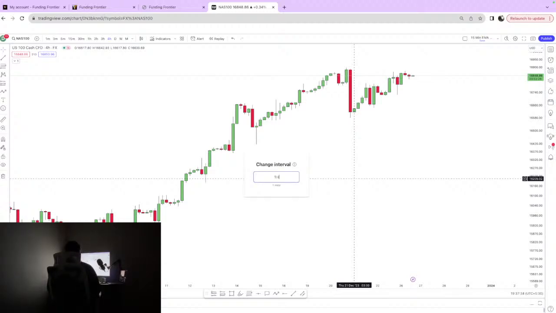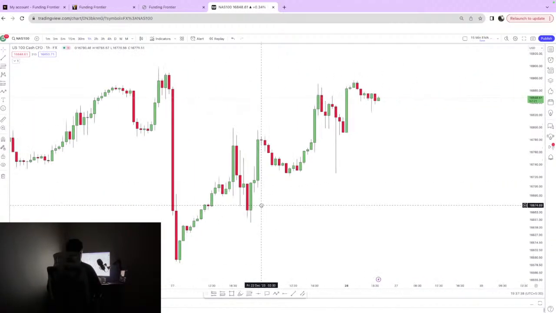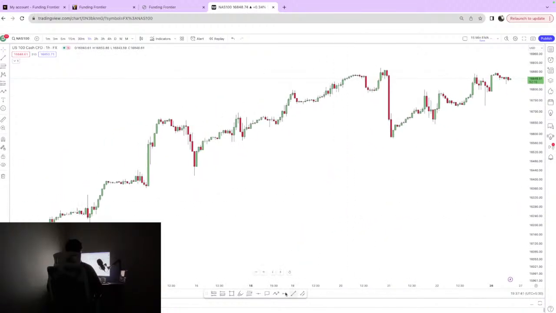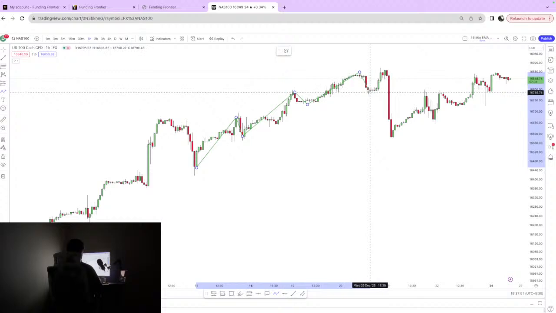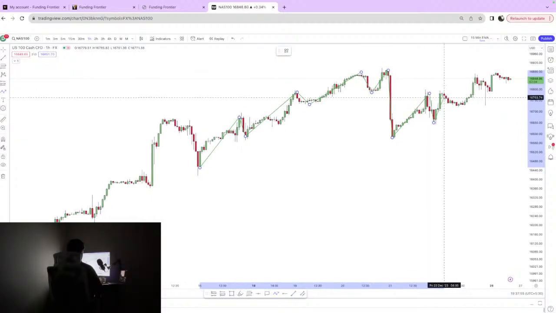Now the 1 hour time frame. If you pick from here, higher highs, higher lows, it was a lower low, then again it started forming higher high, higher low.